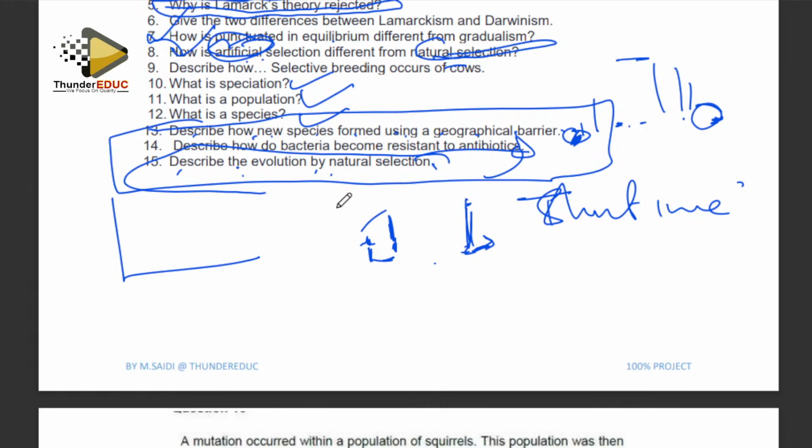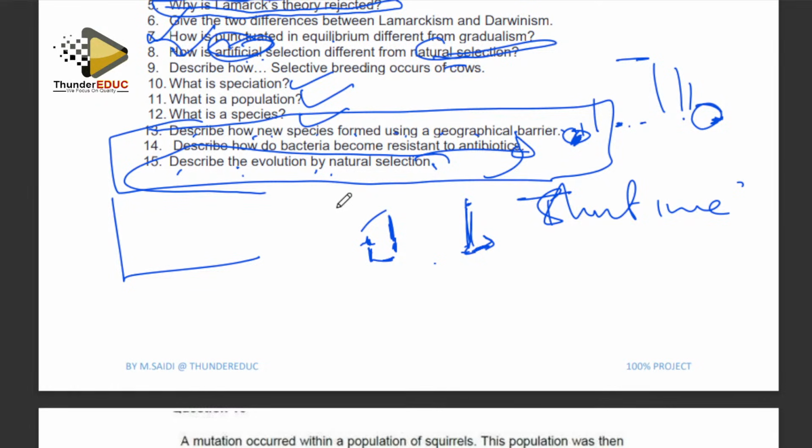Explain how Darwin explained the evolution of tigers. Before, these tigers had no stripes, or maybe before the tigers had stripes. Tigers produce a large number of offspring. There is variation among tigers: those with stripes and those without stripes.